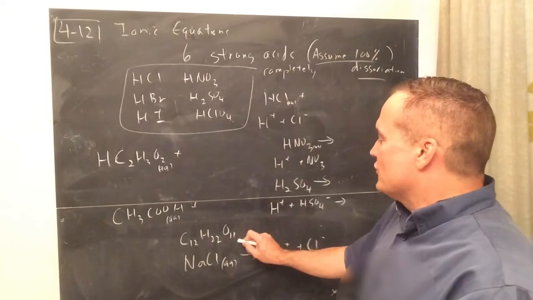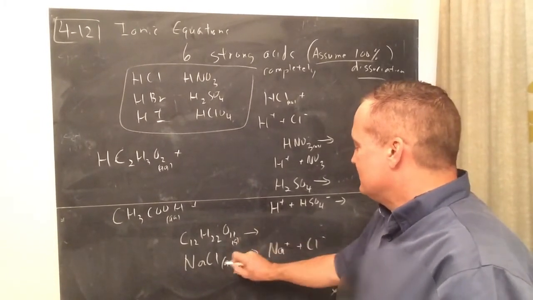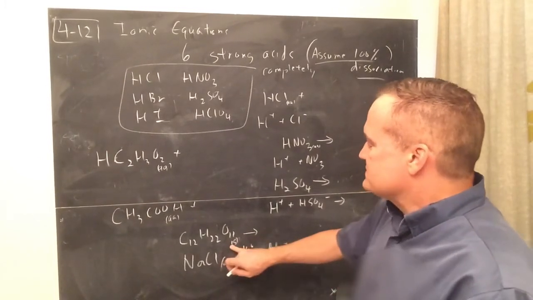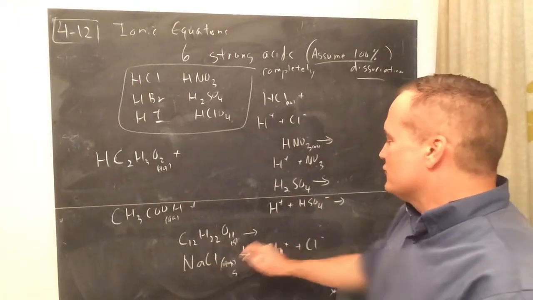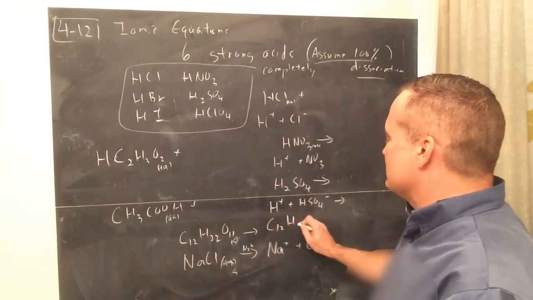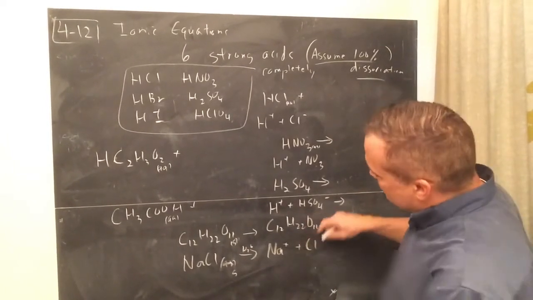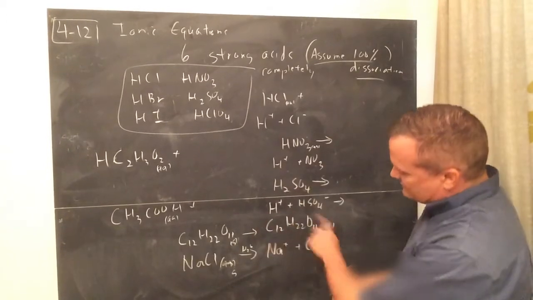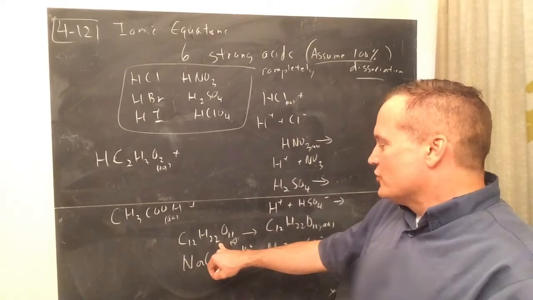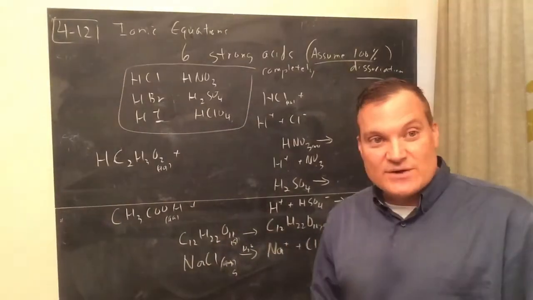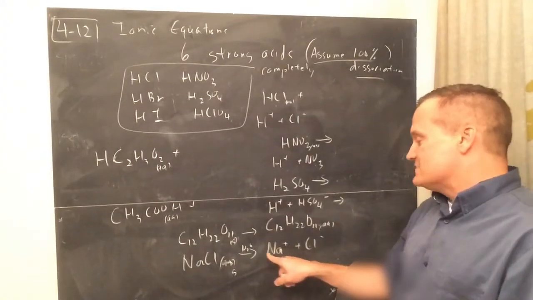But when I put sugar in water, they're not going to ask you about sugar, don't worry about that. But when I put sugar in water, guess what? The formula stays C12H22O11, but aqueous. The water molecules surround the sugar molecule, intact. So it is not dissociated. Sugar dissolves, but it does not dissociate. Sodium chloride dissolves and it dissociates.